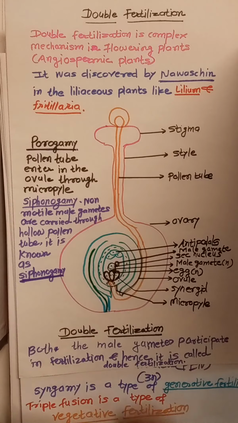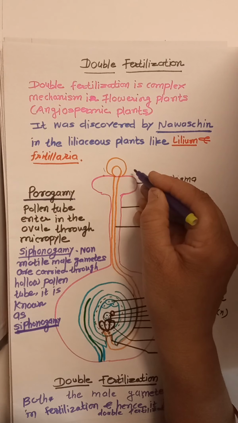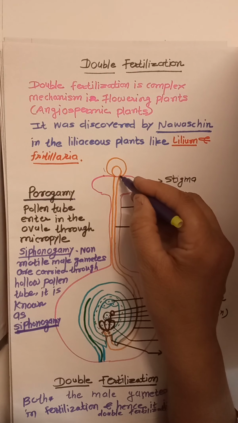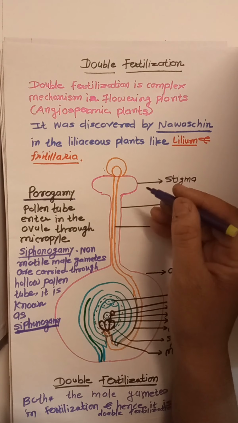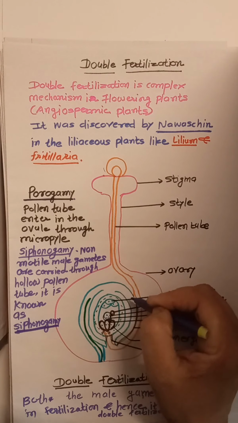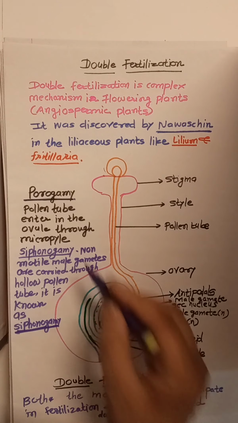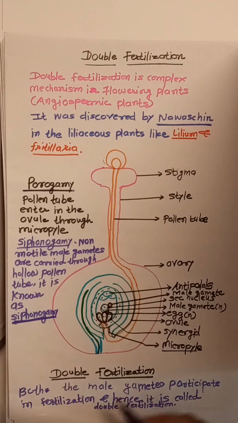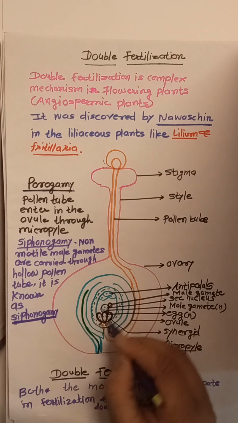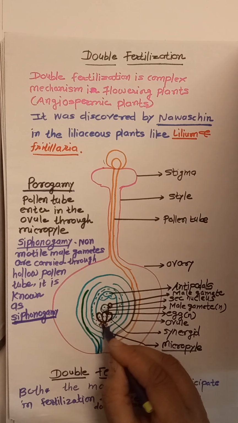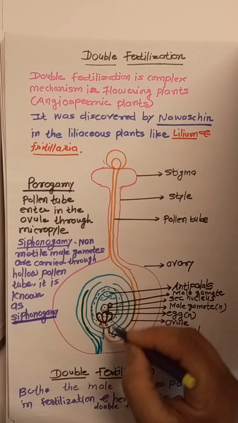So see, we will revise the things. When pollen grains are deposited on the stigma, it germinates, the pollen tube comes out and penetrates the stigma, then enters the ovary through the style, then enters the ovule through the micropyle, and this is called porogamy. Then the pollen tube penetrates the nucellar tissue and enters the embryo sac through one of the synergids. The tip of the pollen tube absorbs water content of the synergid, bursts and releases 2 male gametes.